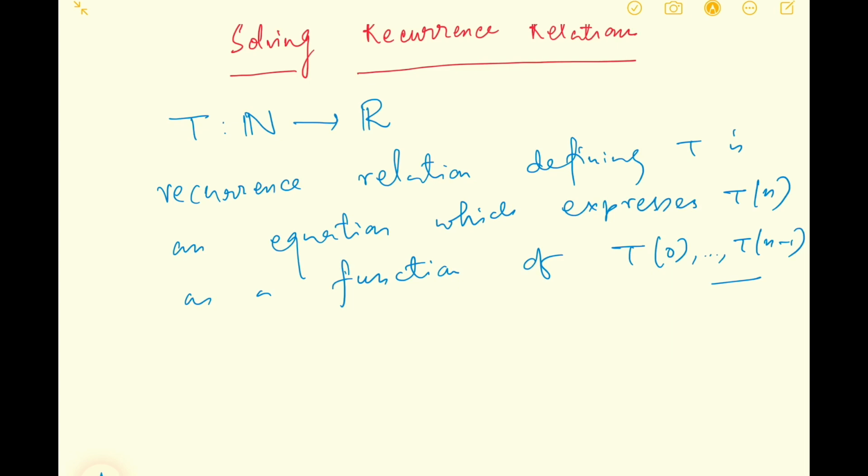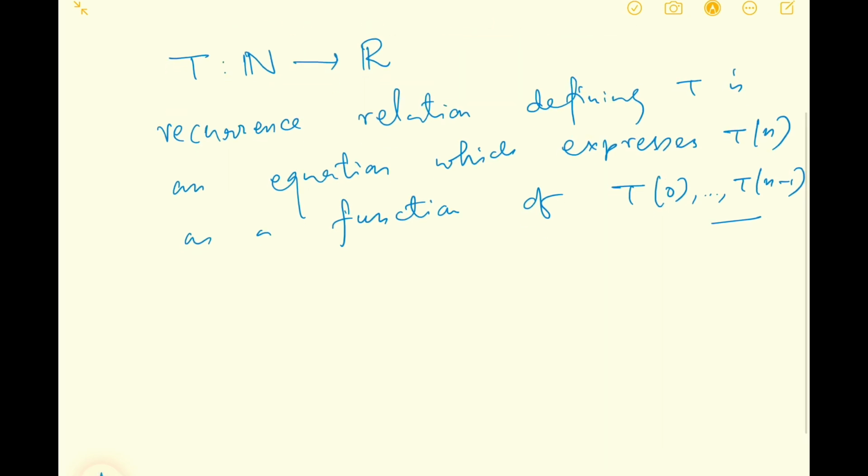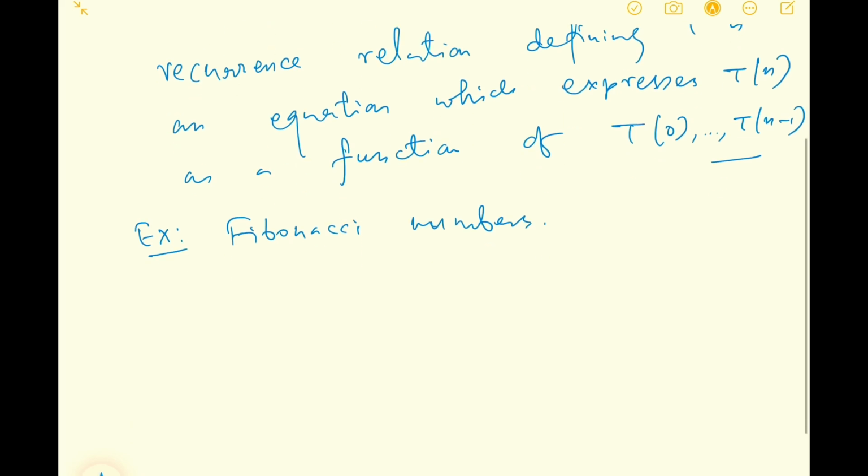So let's see some examples of recurrence relations. You have already seen one example, maybe Fibonacci numbers. How are these Fibonacci numbers defined?